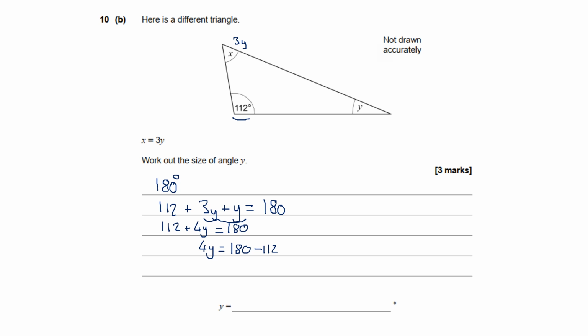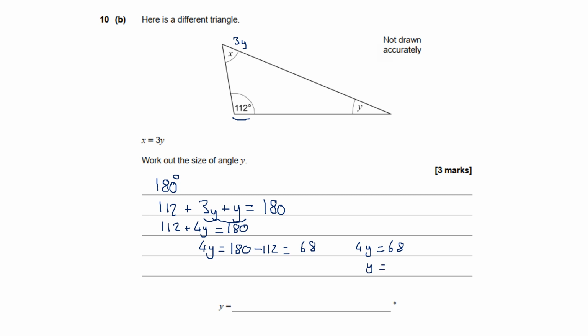So what's 180 minus 112? Well, I reckon that's 68, just because it gets us 8 from 112 to 120, then an extra 60 to get to 180. So I reckon that means it's 68. So if 4y is 68, divide both sides by 4.